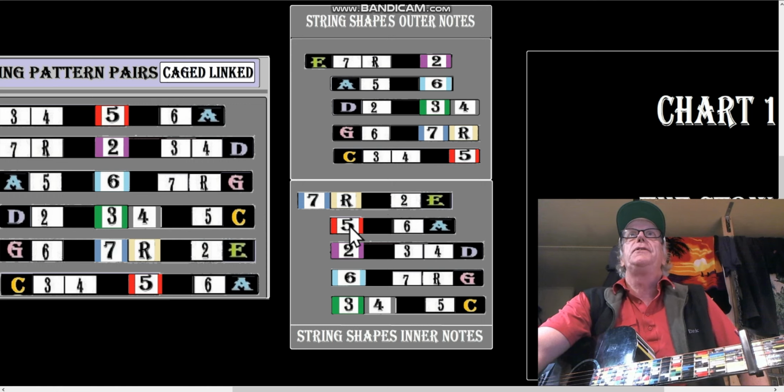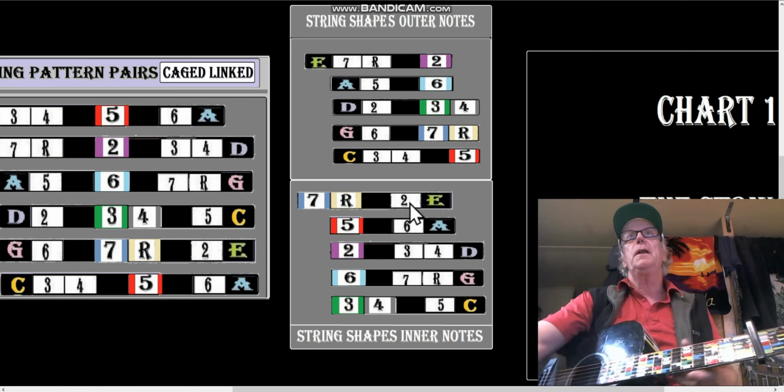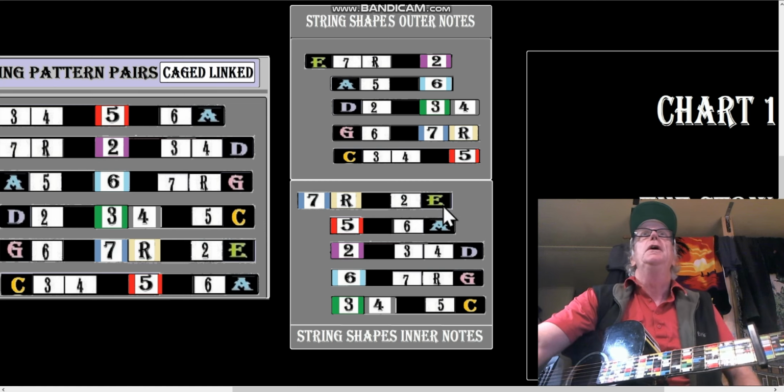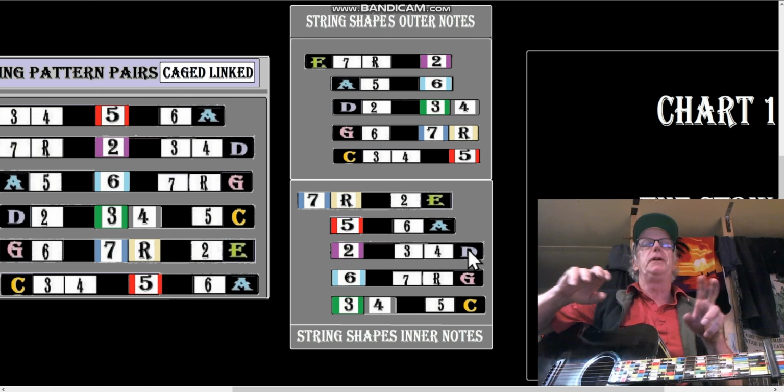The 5 is the inner note in the A shape. Don't worry about the labels on this side. It could be on that side. You're looking at the notes here, not the labels. These aren't notes, but sometimes I'll put those little note labels where the no play notes are. Perhaps the imaginary accidentals.